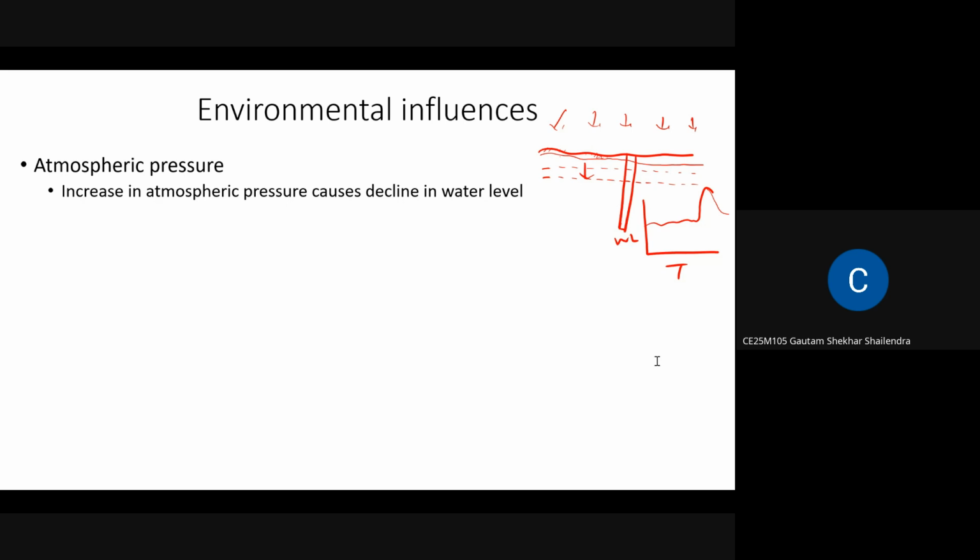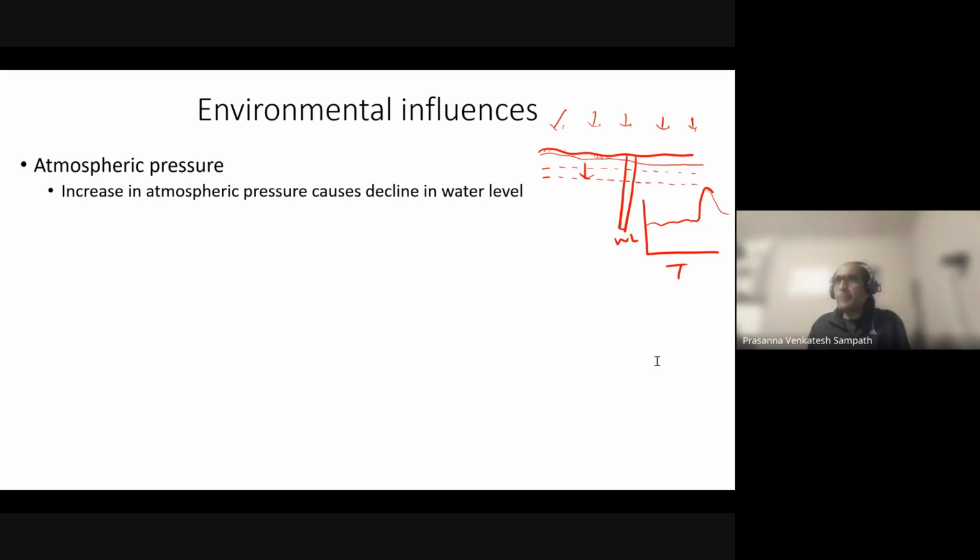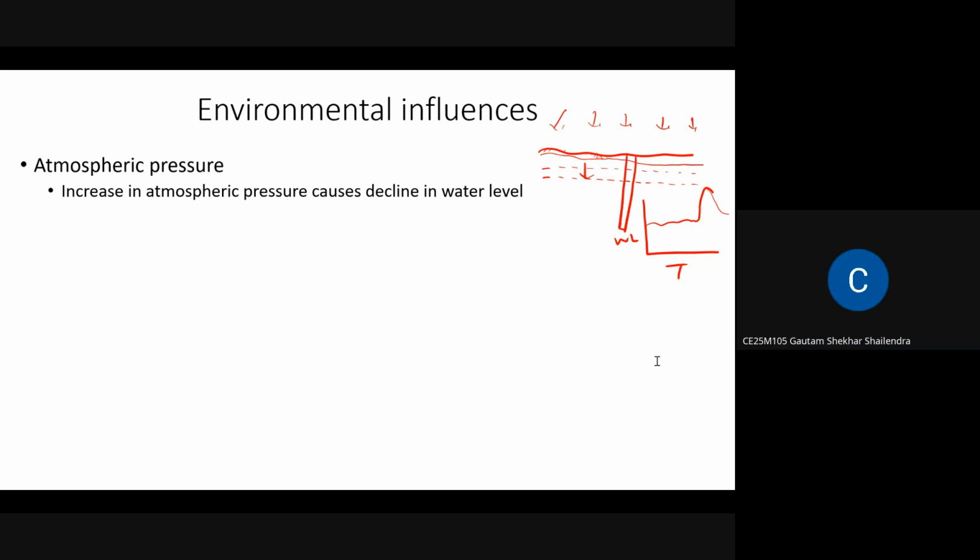Okay, a syringe is a closed system, right? Now here, with groundwater pumping and the atmosphere, the whole globe itself is one big closed system.